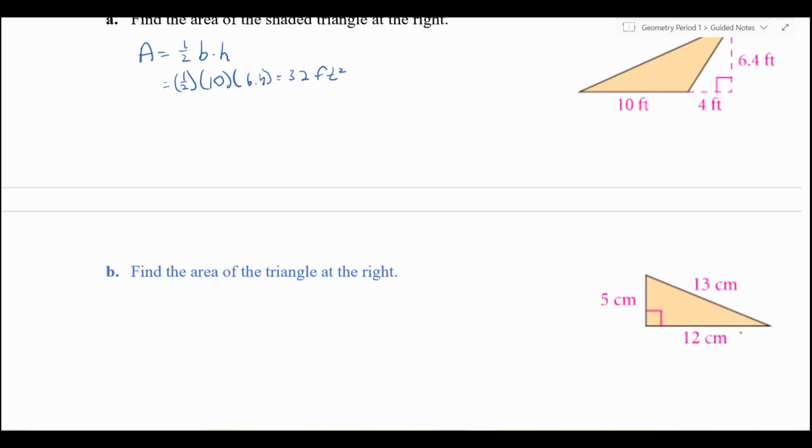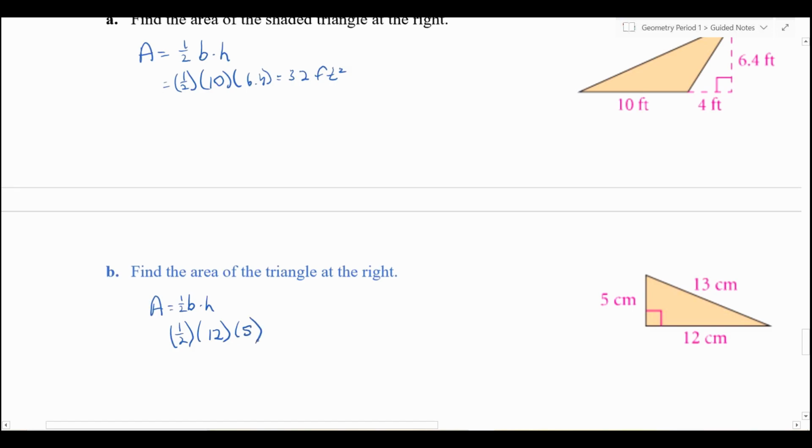I'm going to be using the 12 as my base. So I'm going to say area equals half the base times height. So we substitute: 1/2 times the base, which is 12, times height, which is 5.